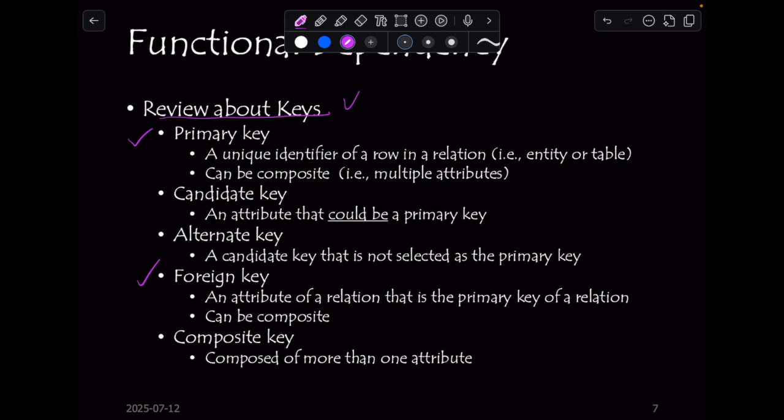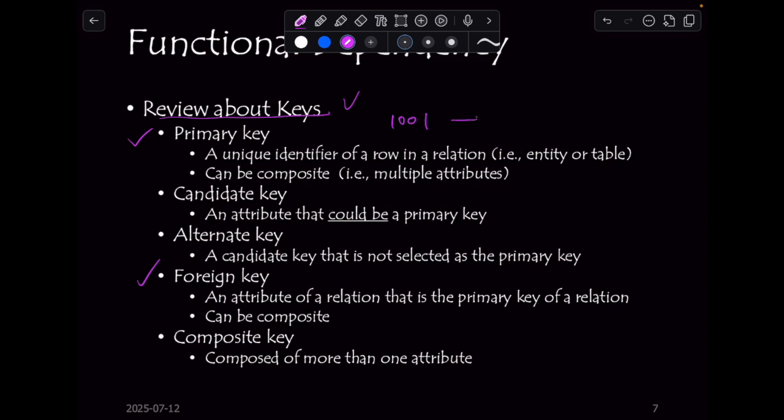So primary key is a unique identifier. As an example, in a student's table, student ID is the primary key because the ID number uniquely identifies the student's information. For example, let's say the student ID is 1001.